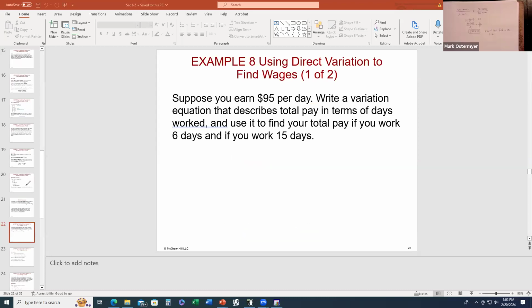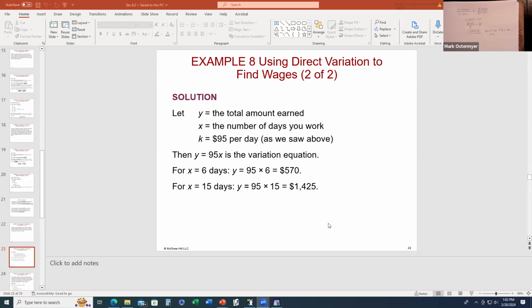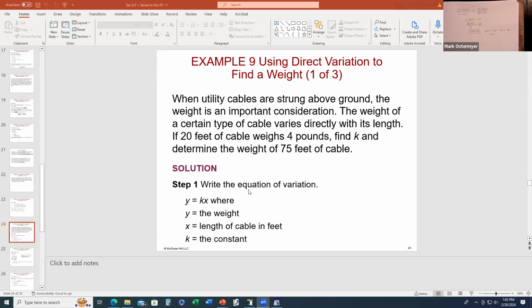That's a direct variation. Increase the number of days worked, increase your pay. Decrease the number of days worked, decrease your pay. They used y and x instead of P and D. In reality, it doesn't matter what you call the variables, okay? All right, I think we will touch base with this one.